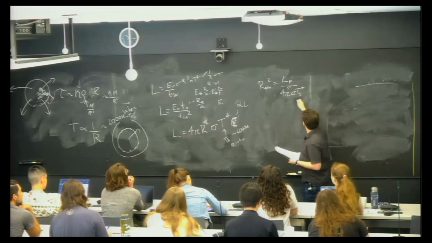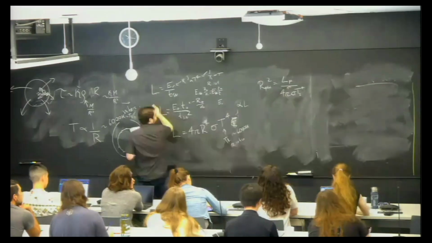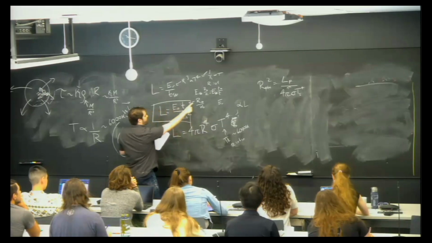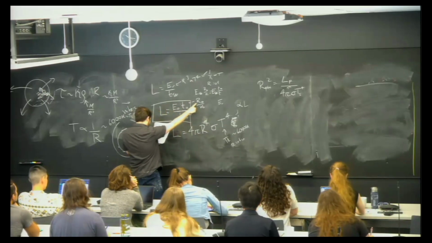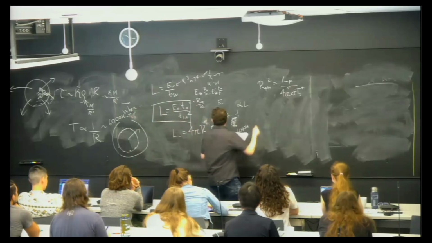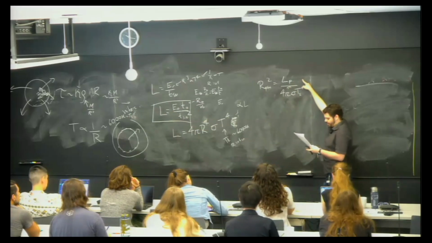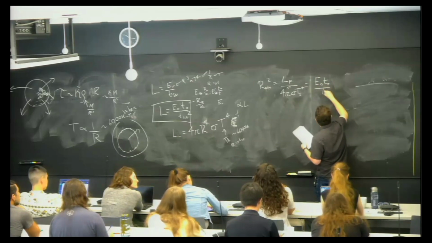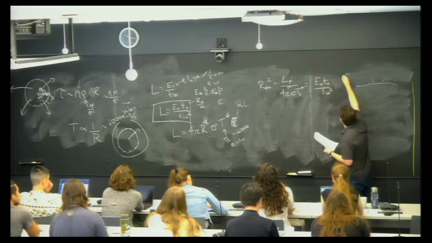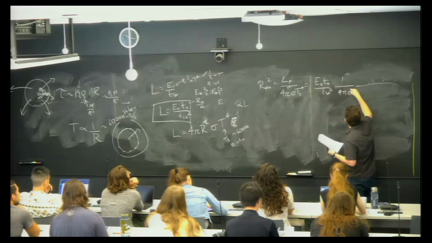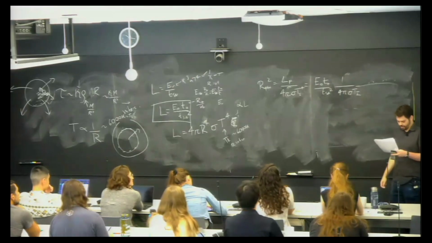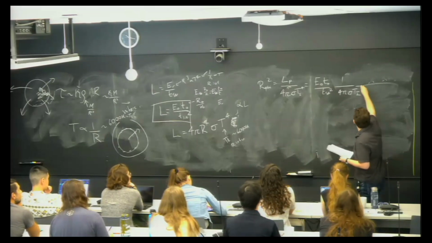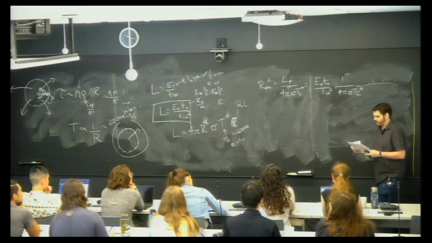Now, if we take this equation for the luminosity and plug it in up here, my photosphere radius goes like E naught T naught over T supernova squared, 1 over 4 pi sigma times the ionization temperature to the fourth.